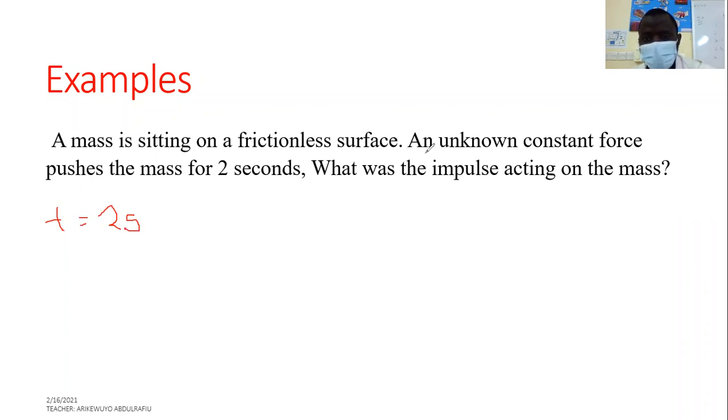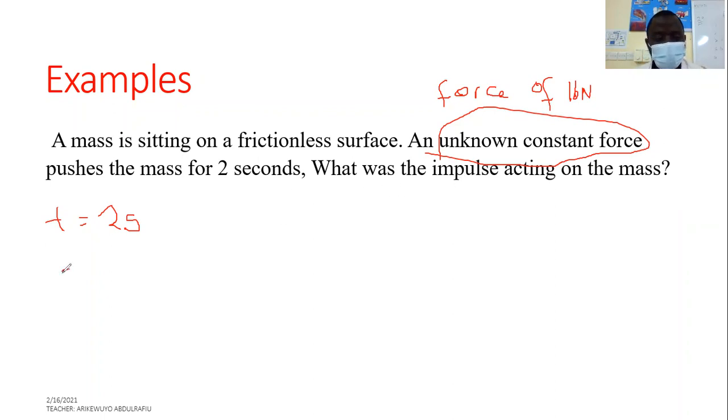It's supposed to be a force of 16 Newton. That's a mistake. I'm sorry about that. So 16 Newton pushes the mass for 2 seconds. What was the impulse acting on the mass?